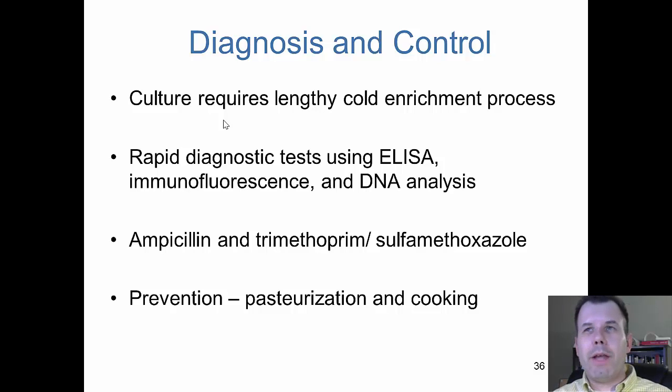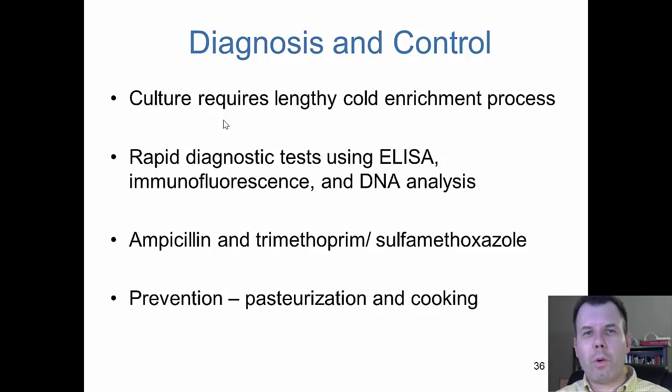Now there are rapid diagnostic tests, including the ELISA, immunofluorescence, and DNA analysis to detect and see if you have this pathogen. And again, treatment is ampicillin or the, what is it, the trimethoprim-sulfamethoxazole. And again, that is the sulfa drugs if we think about that.